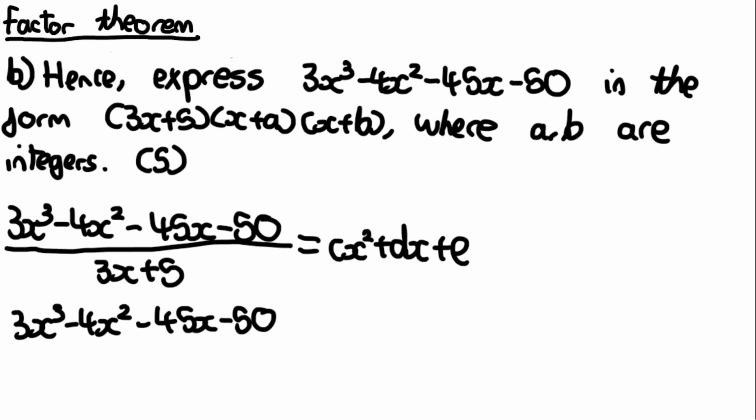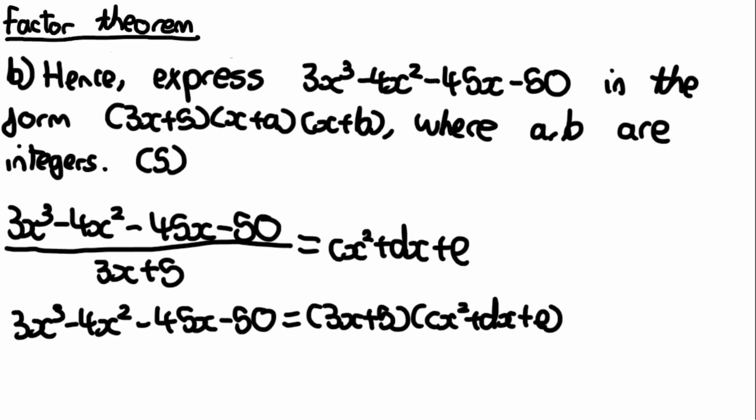The denominator is going to cancel out. And on this side is going to be 3x plus 5 times cx squared plus dx plus e. And as you can see, this is the factorised form of f of x. The only difference is here we've got two brackets, but here we've got a quadratic.